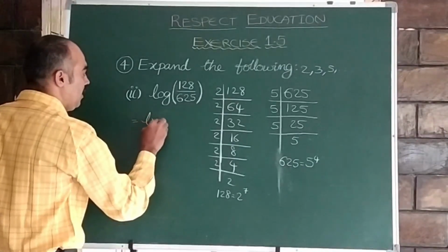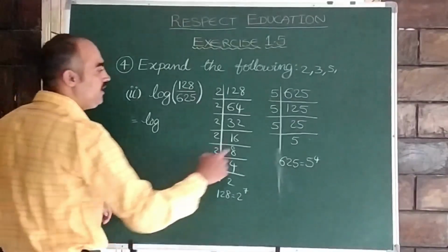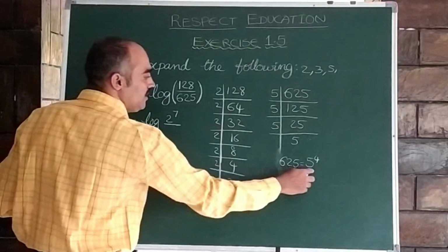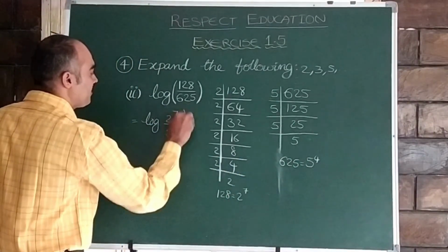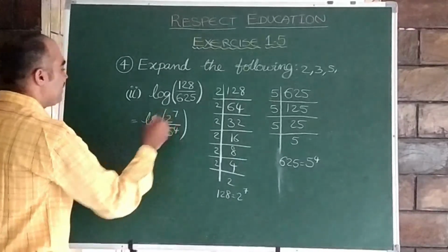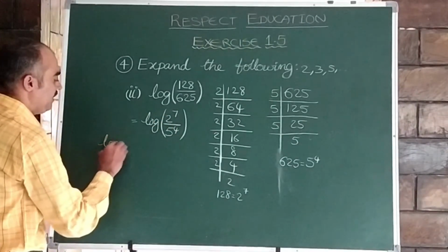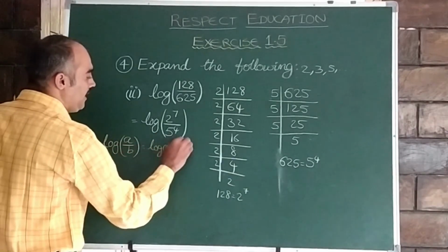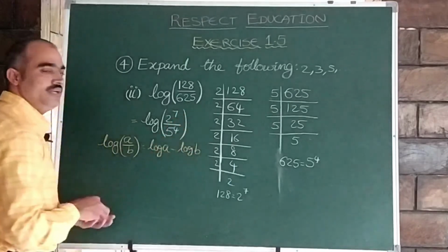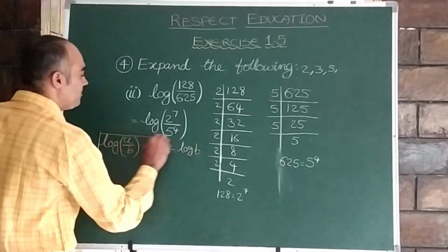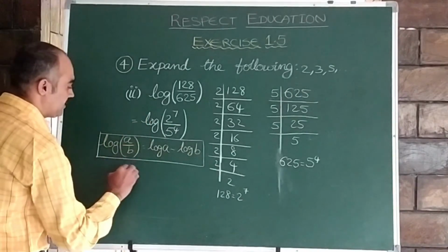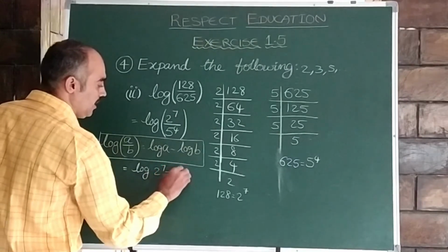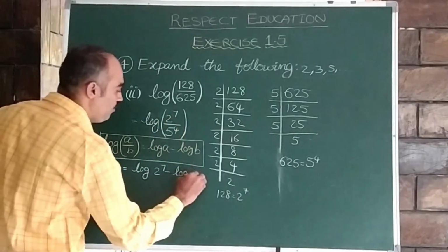It is log 128 by 625. 128 means we can write as 2 power 7 upon 625 is 5 power 4. Now here the formula is log A by B. Log A by B is equal to log A minus log B. So here let us apply this formula for expanding this. It is log A means 2 power 7 minus log B means 5 power 4.